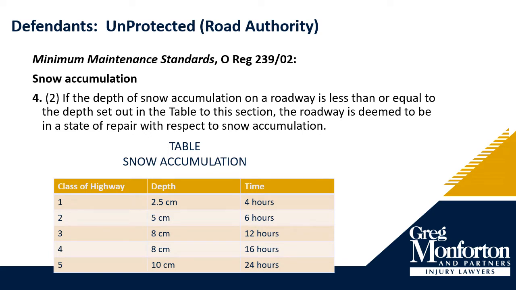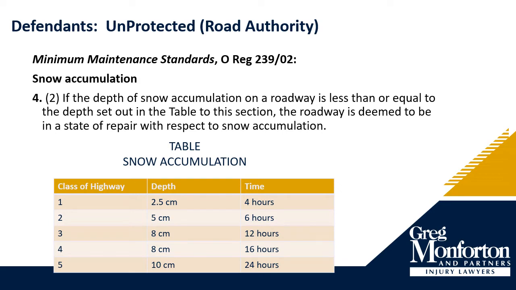This is the table that applies to snow accumulation. And if the snow accumulation on a roadway is less than or equal to the depth noted on the table, the roadway is deemed to be in a state of repair.